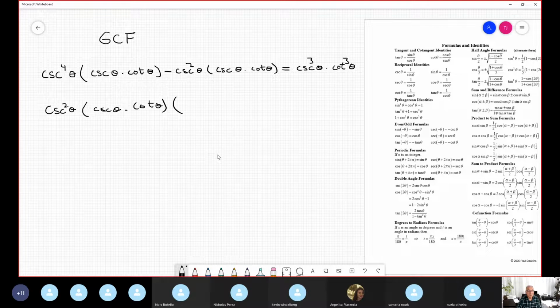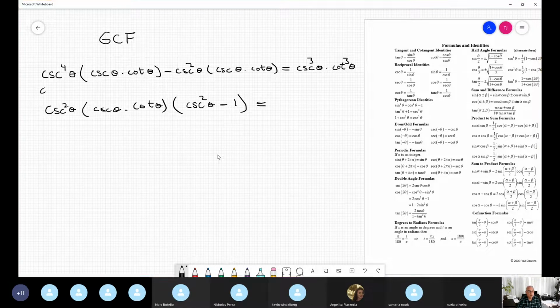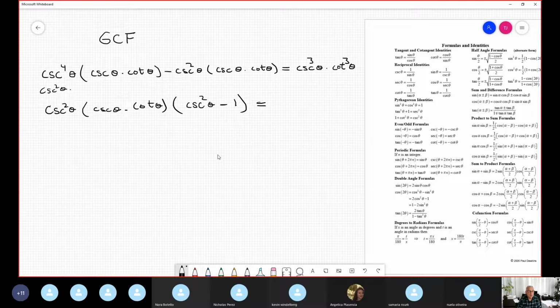And in the next parenthesis, cosecant square theta minus what? Because I factor out, well, another way to see that: cosecant to the 4th power is cosecant square theta times itself.